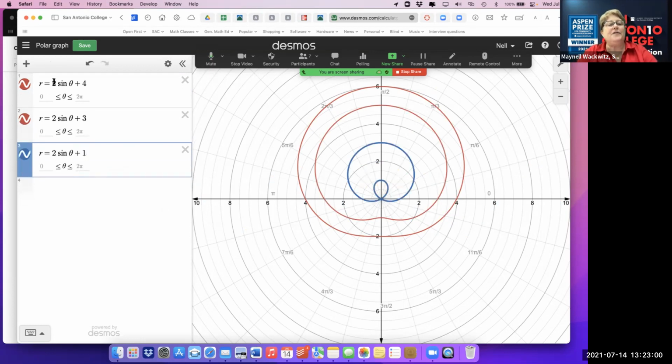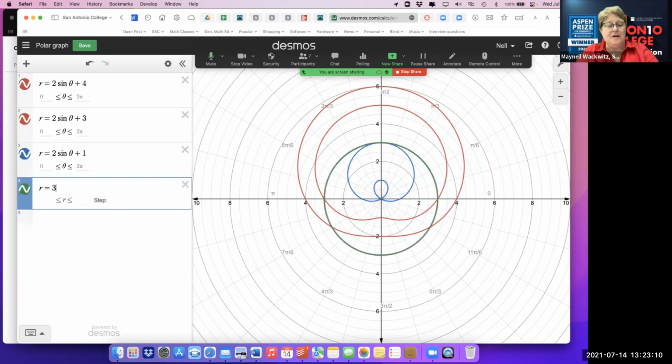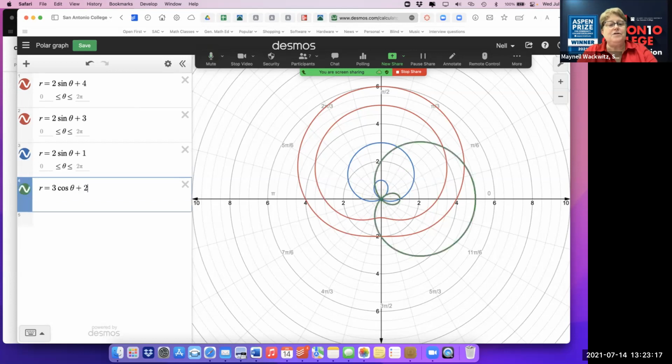If the number in front of sine or cosine is larger than the second number, then you're going to get that little loop inside. So for instance, if we have R equals 3 cosine theta plus 2. I made sure that the second number was a little smaller.